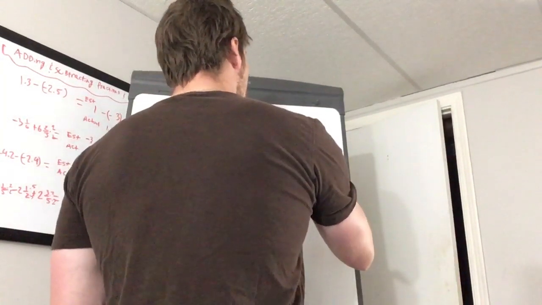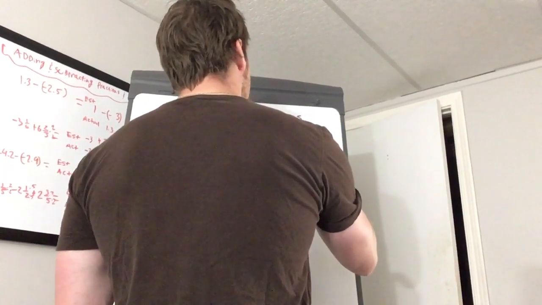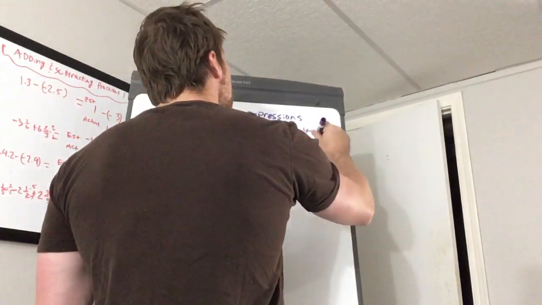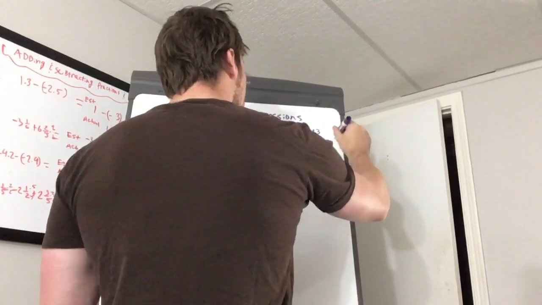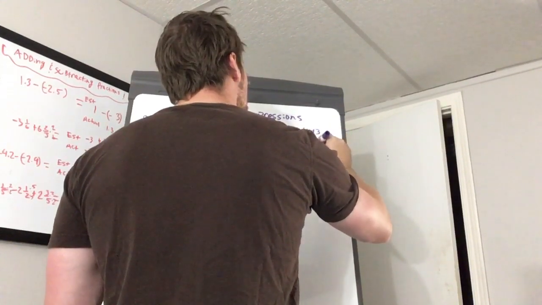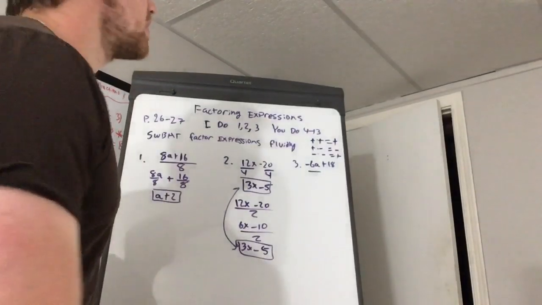So, largest number you can take out of 6 and 18 is 6. So divide by, there's a negative there, so what does that mean? Well, let's remember our rules. Positive times a positive is equal to a positive. Positive times a negative is equal to a negative. Negative times a negative is equal to a positive. These are the same for division.